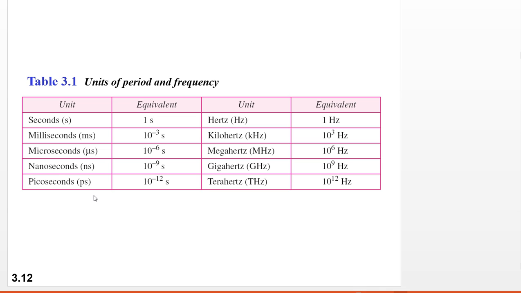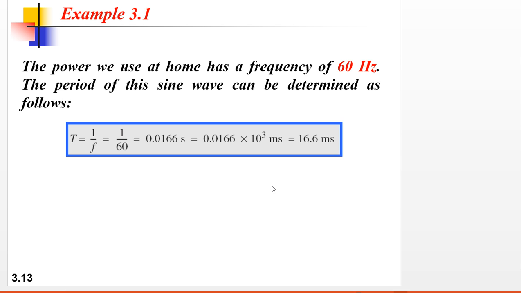Picoseconds, 10 to the power of minus 12 seconds, so we call the frequency terahertz, which is 10 to the power of 12 hertz. This is the unit of period and frequency.